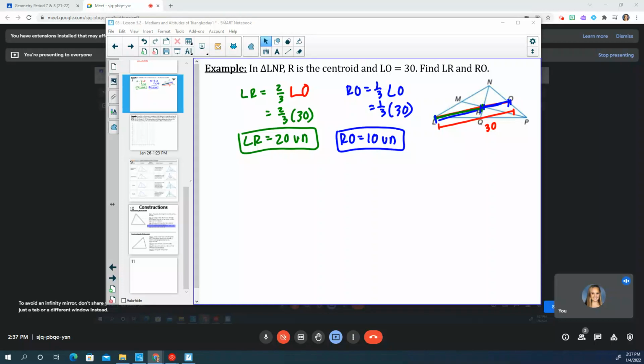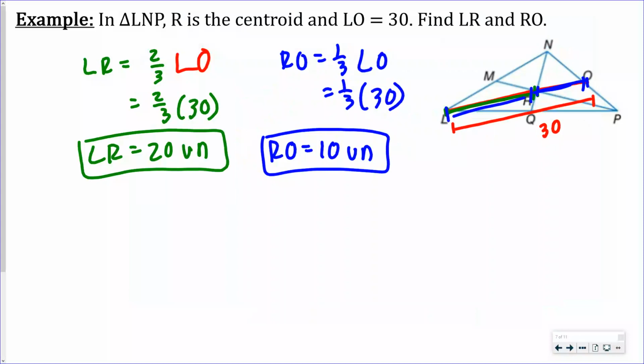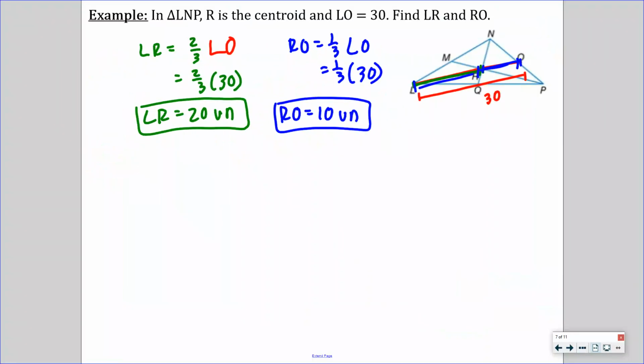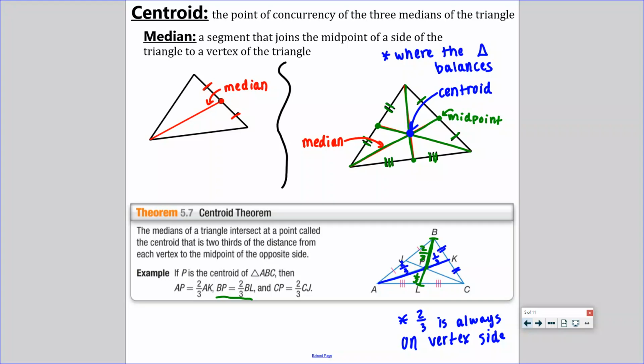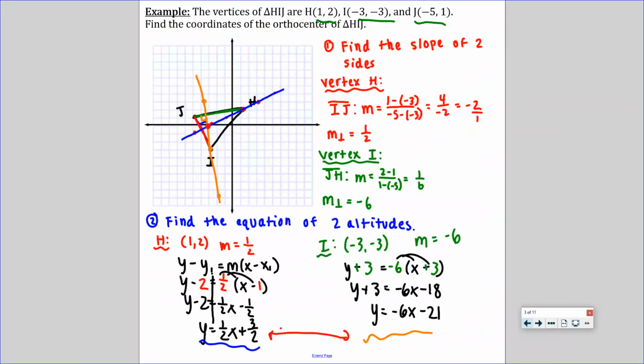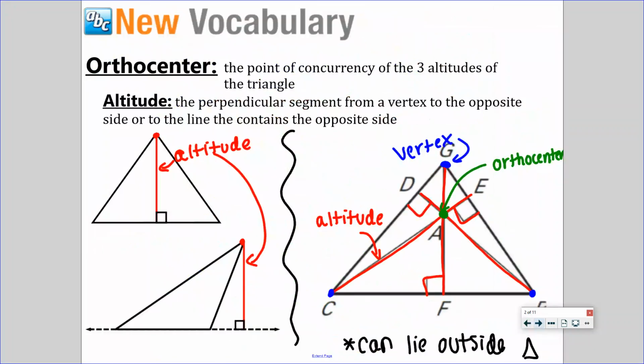Alrighty. We are going to finish the notes quickly. As a refresher, we've been talking about two new points of concurrency. The first one was the orthocenter.